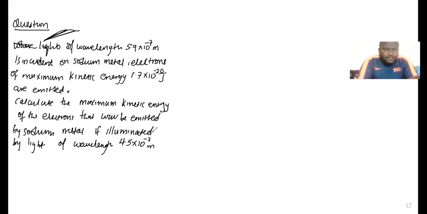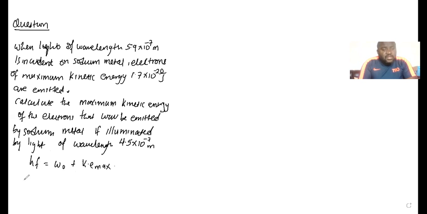So here is a number. It says when light of wavelength is incident on a sodium metal, electrons of maximum kinetic energy are emitted. Calculate the maximum kinetic energy of the electrons that will be emitted by sodium metal if it is now illuminated with a wavelength of that. Now, the first thing is we need to know the equation very well. The equation is hf equals work function plus kinetic energy maximum.